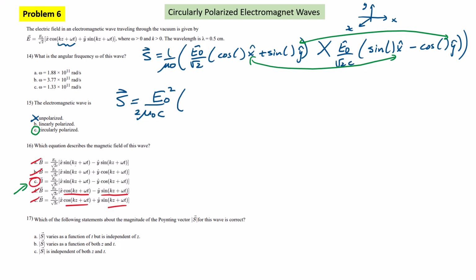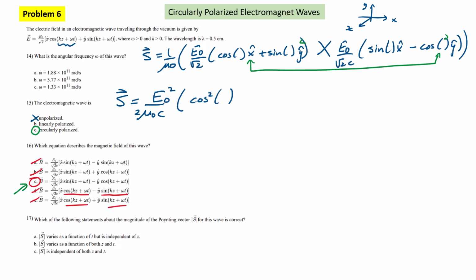So the first cross term is the first term from the electric field and then the last term from the magnetic field. Notice that both of those are cosine terms. So you're going to get cosine squared of this entire term, and then you're left with the direction x cross y. X cross y gives you something in the z hat direction, but don't forget about this negative sign here, so I'm going to put that over here.